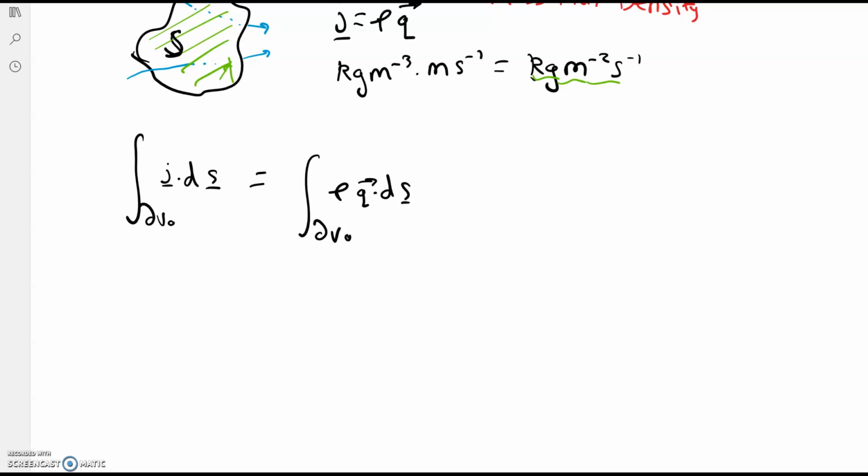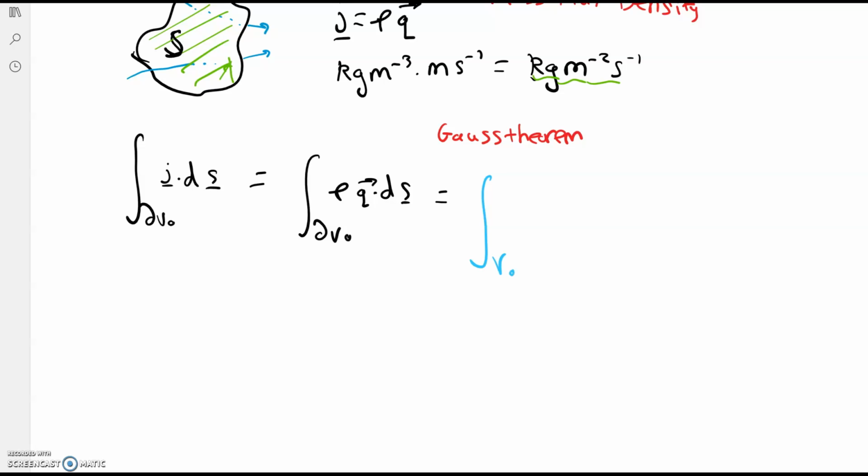Now we can use a special trick. We're going to use Gauss's law, called Gauss's theorem. What Gauss's theorem says is we can rewrite this, instead of a surface integral, we can go up a dimension and write this as a volume integral.